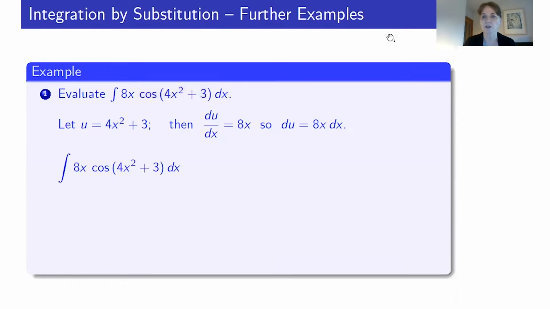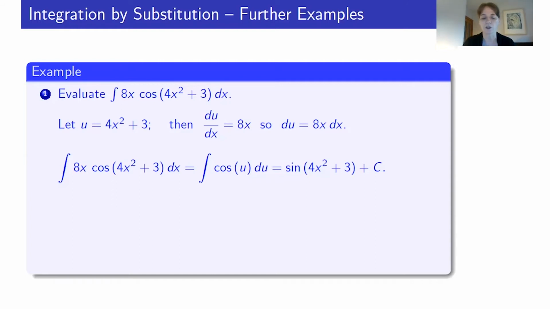So we can substitute into the original integral. We're substituting 4x squared plus 3, the inner function, by u, and the 8x times dx by du. And that allows us to write the integral very simply as the integral of cos of u du. And we know the integral of cosine is sine of the same variable, and we add an arbitrary constant.